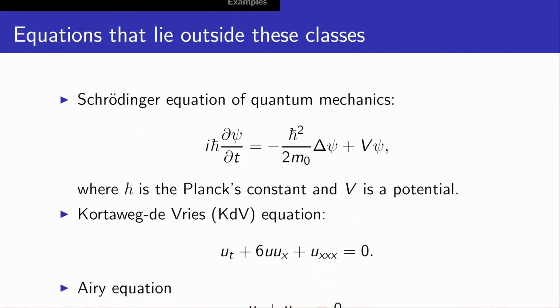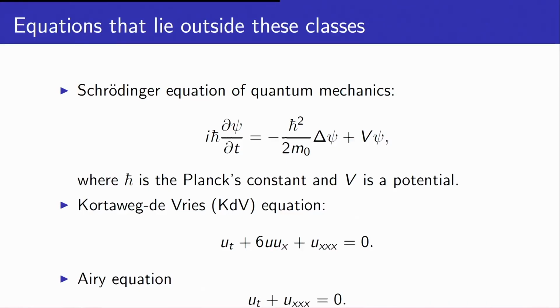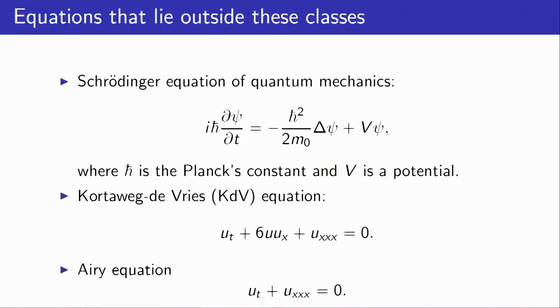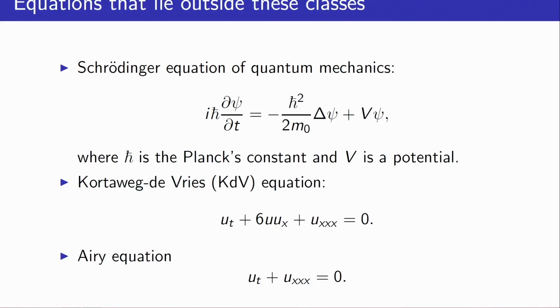By looking at the nature of the solution, it is classified as a dispersive equation as opposed to a diffusion equation. The linear equation of KdV, which existed much earlier, is called the Airy equation. You just remove the nonlinear part in the KdV equation and you get this Airy equation.